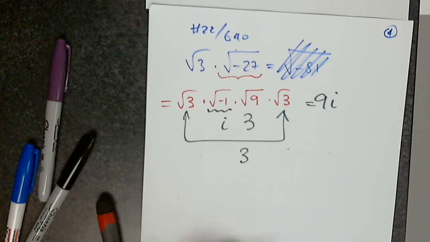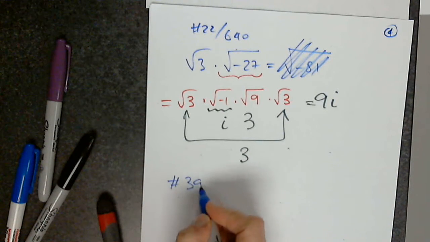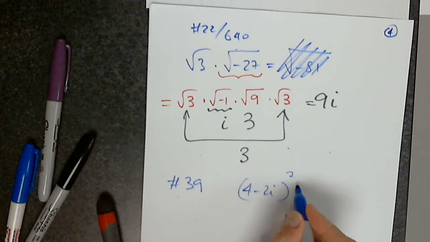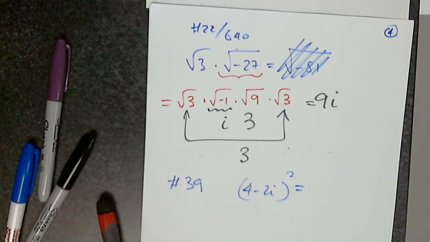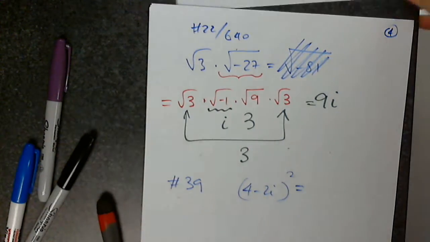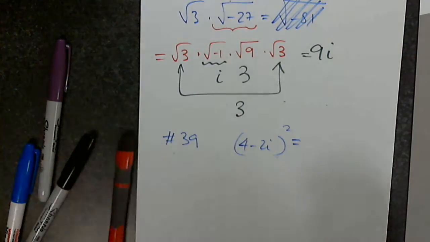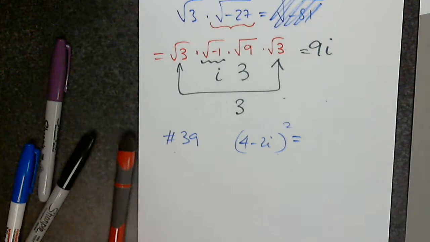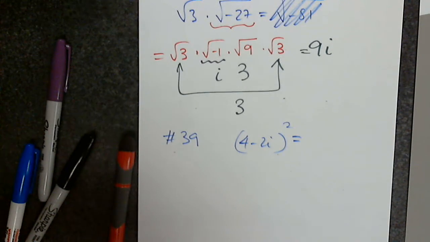Problem 39. 4 minus 2i squared. Allow me to remind you, we have an agreement on this. How many terms will you give, at least initially? Then maybe I may be able to simplify or combine like terms, but at least initially, how many terms will you give for sure? 3 terms.